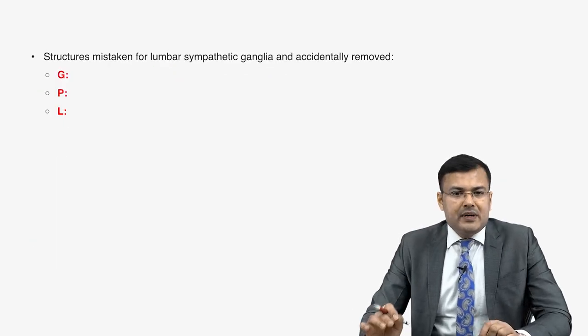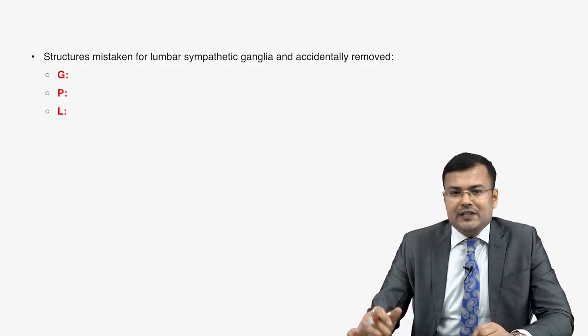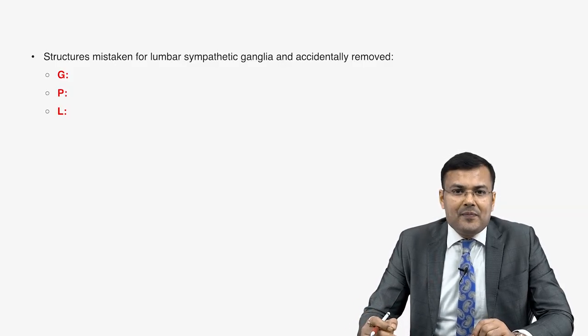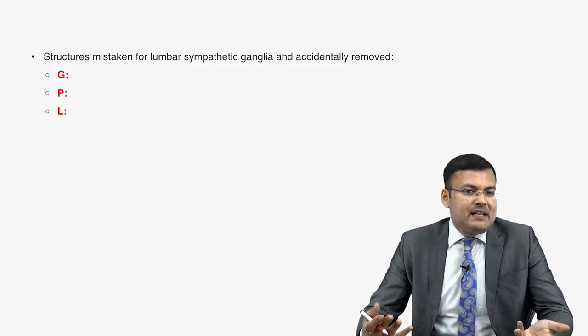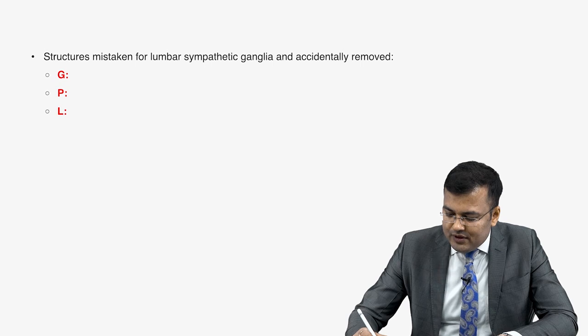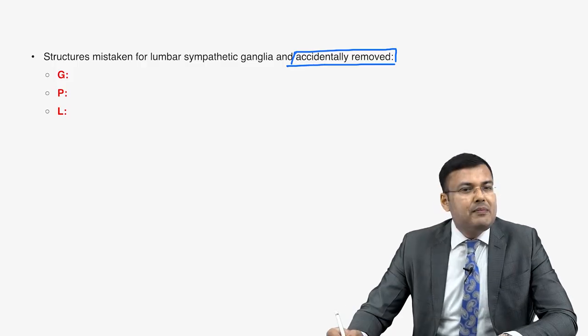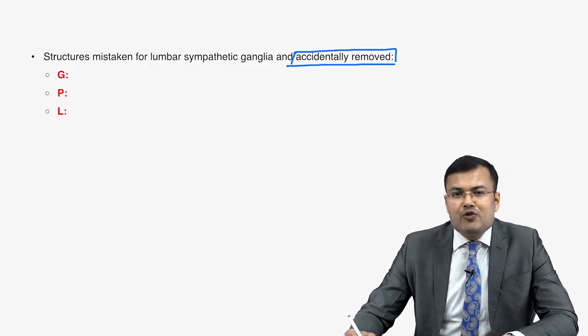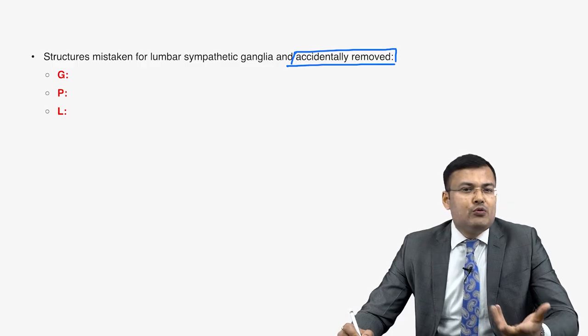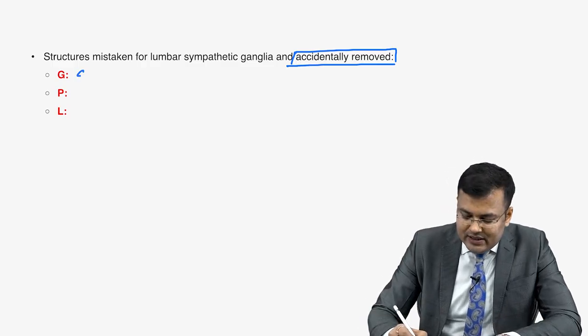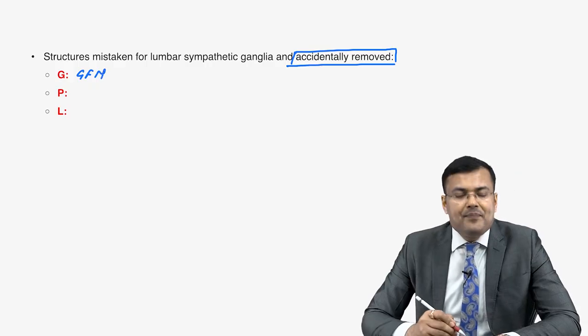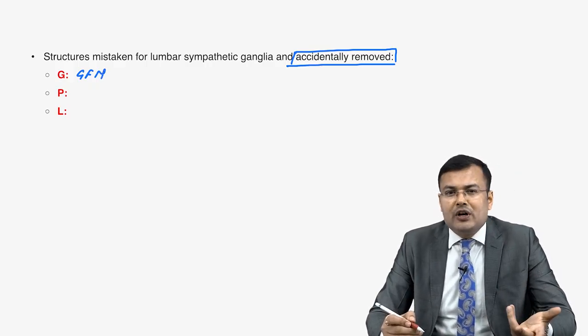When we are performing lumbar sympathectomy, sometimes there are structures which are mistaken for lumbar sympathetic ganglia, and at the place of the ganglia, those structures are removed. So what are these structures? How to remember? The mnemonic is GPL, that is Gujarat Premier League. G, genitofemoral nerve. P, psoas sheath, psoas minor.